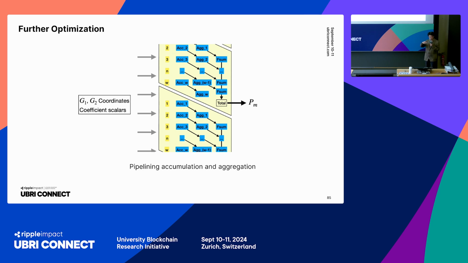If we employ a large number of windows, then we need a corresponding number of buckets. But if we parallelize the aggregation and accumulation, I expect that we can reduce the size of the on-chip memory. That's another one. Simply speaking, we are seeking a technique that reduces the execution time, but at the same time also reduces the memory size. So that's what we are currently working on.